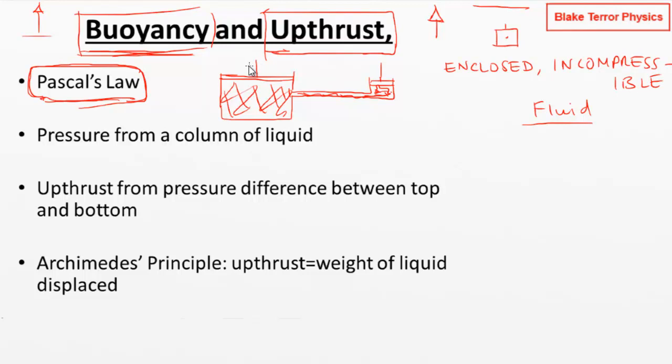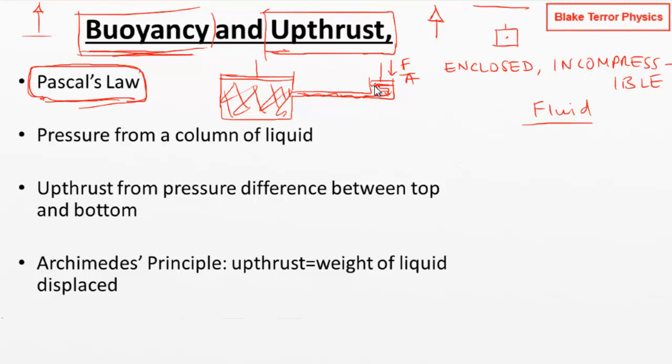If you apply a force to one part of this fluid, because obviously the fluid's all connected everywhere, you push down on one end here with a certain force. Okay, that's going to create a pressure inside the liquid, because we've got a force divided by the area. So this is creating pressure. For an enclosed and incompressible fluid, that pressure is transmitted equally and undiminished throughout the liquid to all points in all directions.